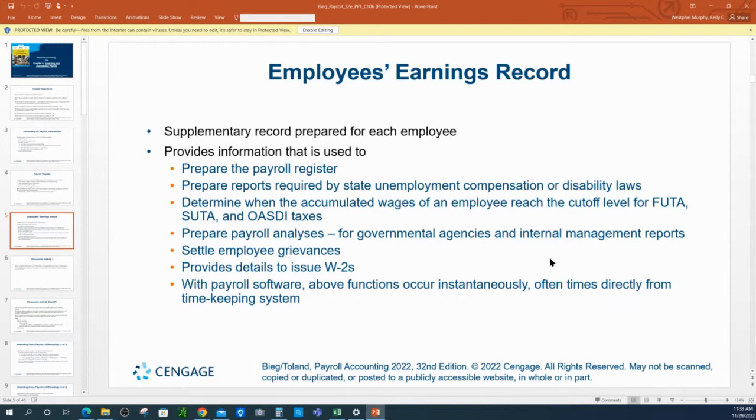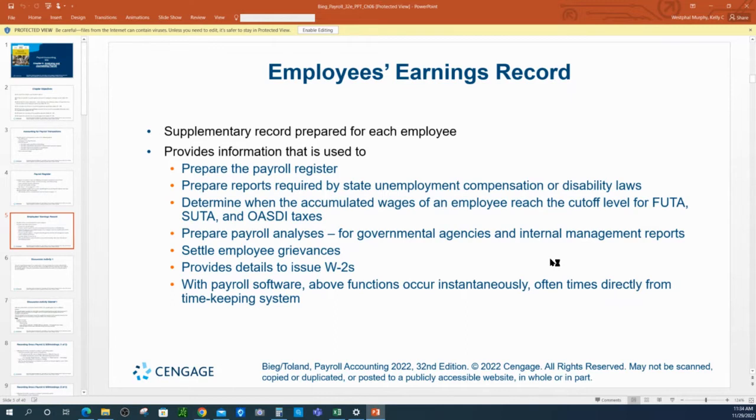Also, state unemployment compensation. Oftentimes, employers will get requests from state agencies to give them a list of how much has been paid. Oftentimes, it's based on category of work.